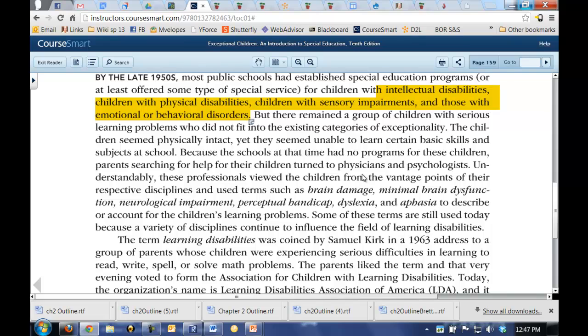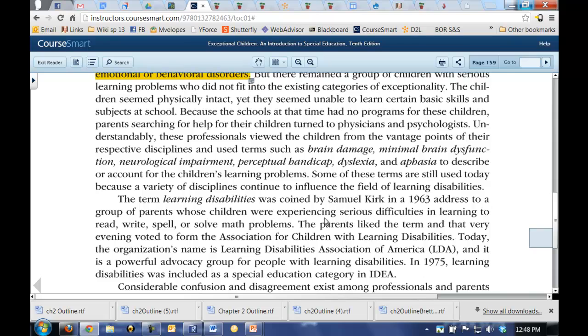Schools had no programs for these kids, and so their parents often turned to physicians, doctors, and psychologists to try and figure out why these kids couldn't achieve, why they couldn't learn. Understandably, these professionals viewed the children from the vantage points of their respective disciplines and had names for them like brain damage, minimal brain dysfunction, neurological impairments, perceptual handicaps, dyslexia, and aphasia to describe them.